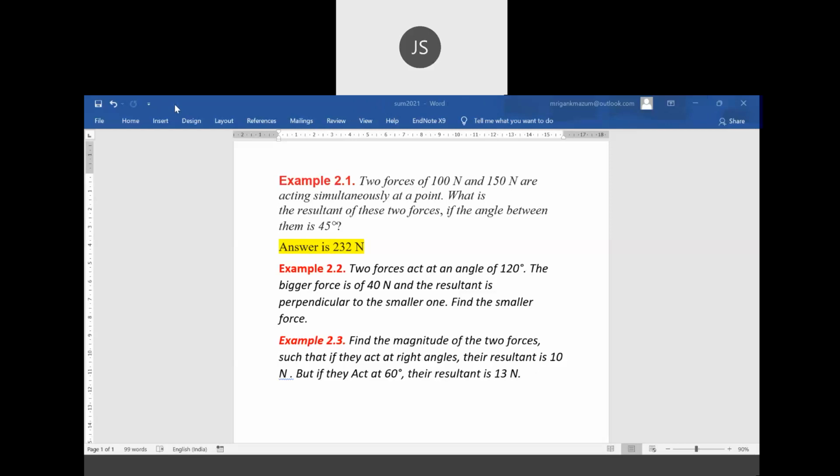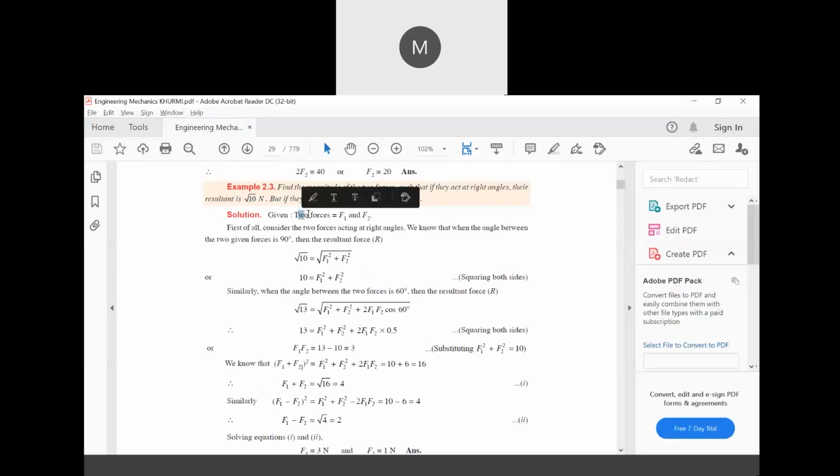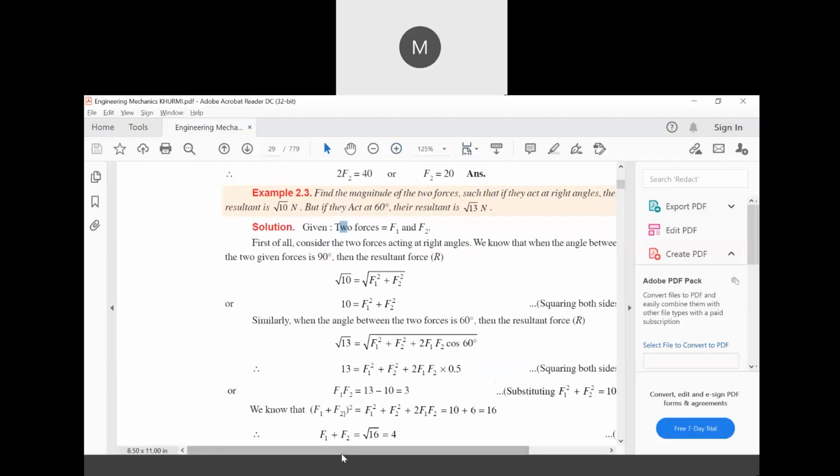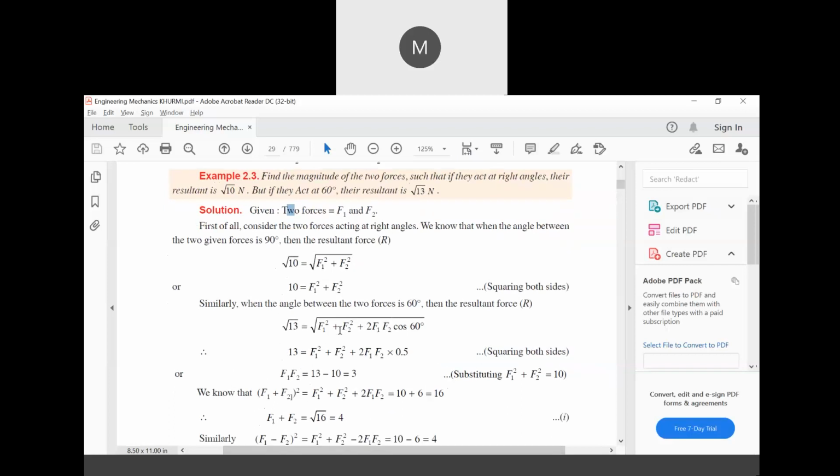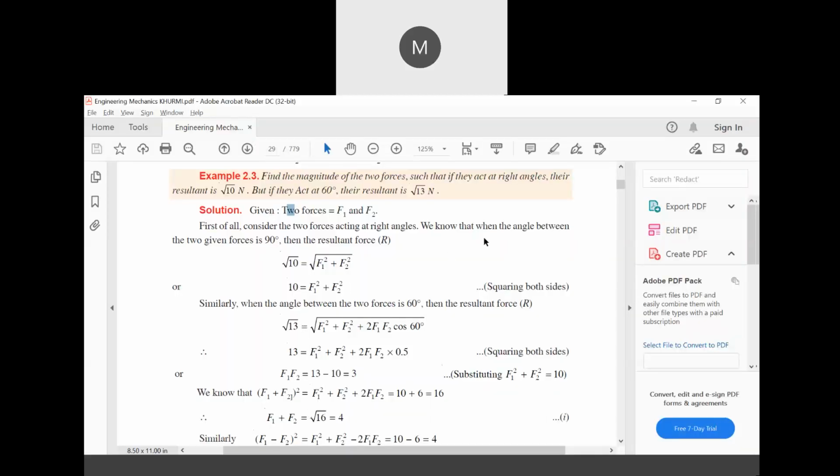Now, if you see here, this is the question. Find the magnitude of two forces such that if they act at right angles, their resultant is root 10 Newton, but if they act at 60 degrees, their resultant is root 13.